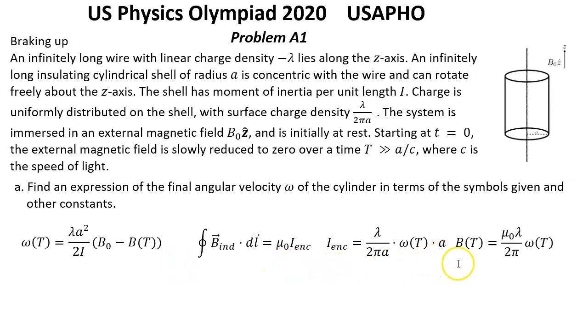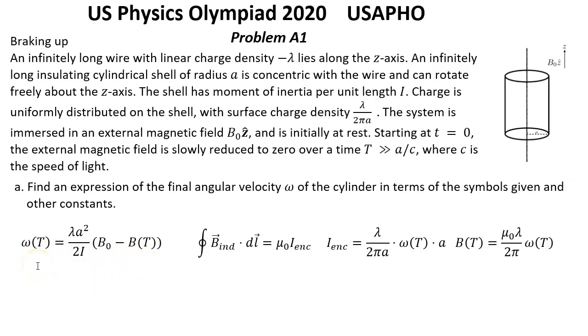Using this formula, we find that the magnetic field is proportional to omega and equals mu 0 lambda omega over 2 pi.